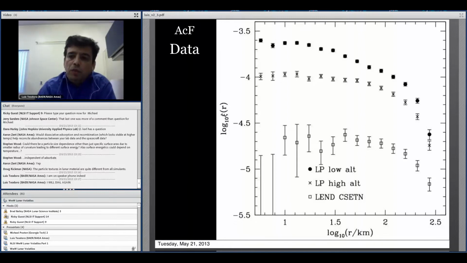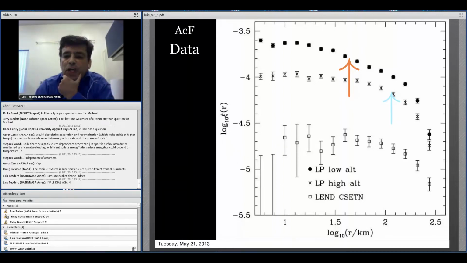So what we know about the lunar prospector is that the point spread function is roughly 130 kilometers for the high altitude, and it's roughly 45 for the low altitude. Louis, you have 2 minutes left. Okay, no problem.